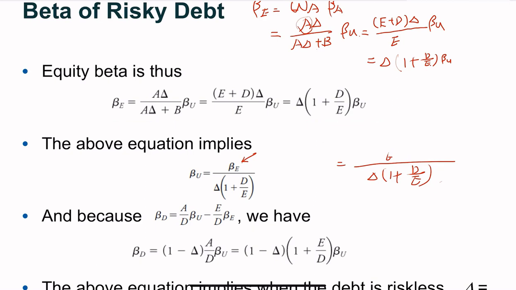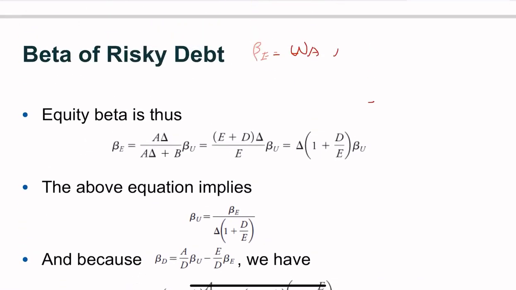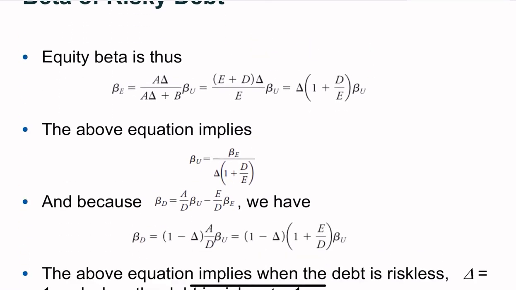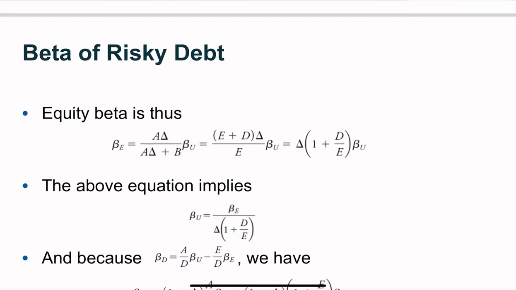Okay, now let's think about debt beta. How do you get the beta of debt? It's actually slightly complicated. First we learned unlevered beta equals D divided by the value of asset times beta D plus E divided by A times beta E, right?